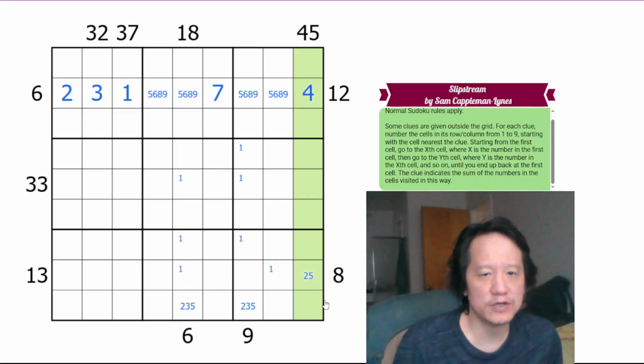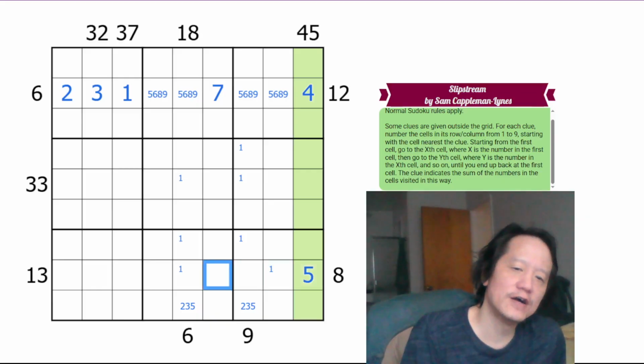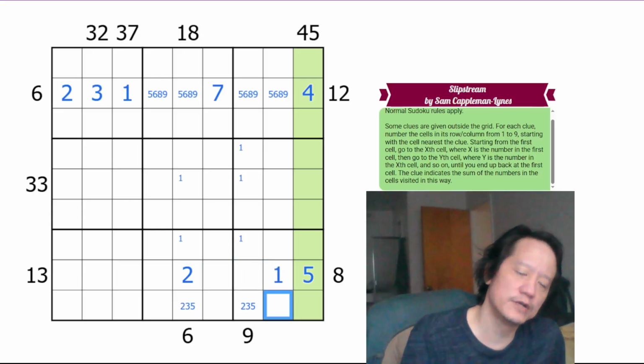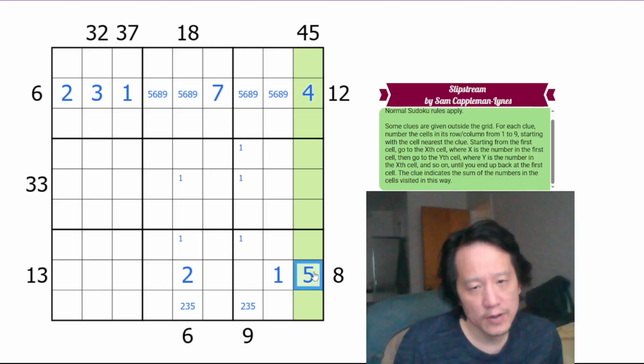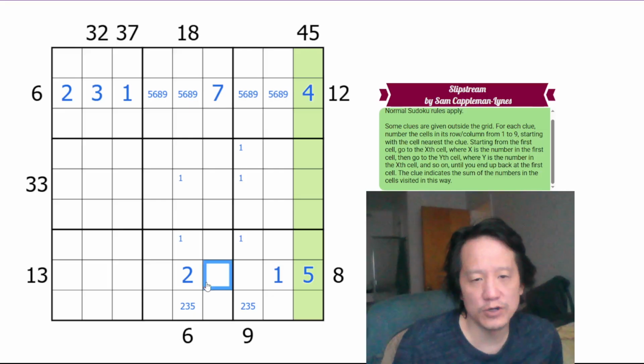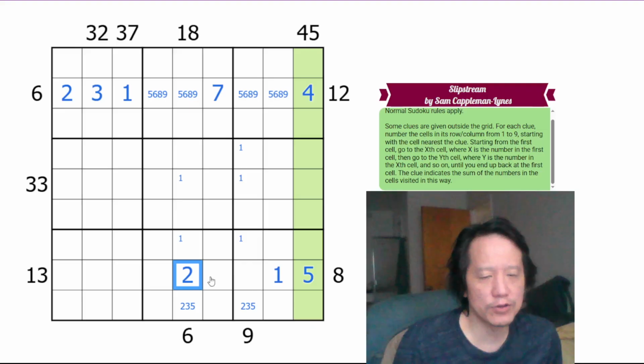Say this was 5. If this is 5, that would force this to be 2 and this to be 1, right? 5 jumps to the 5th cell, 2 jumps to the 2nd cell, and 1 jumps to the 1st cell again. So that would work that way.